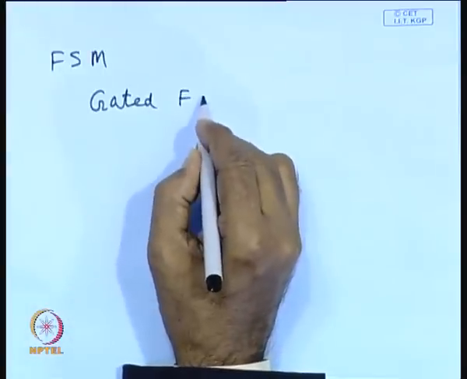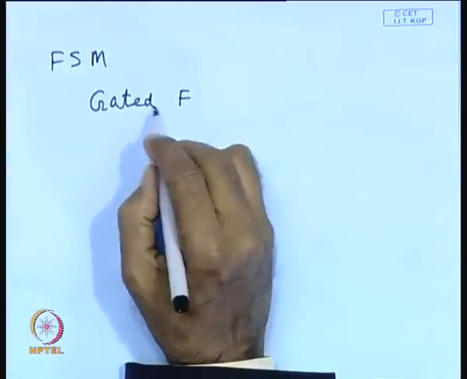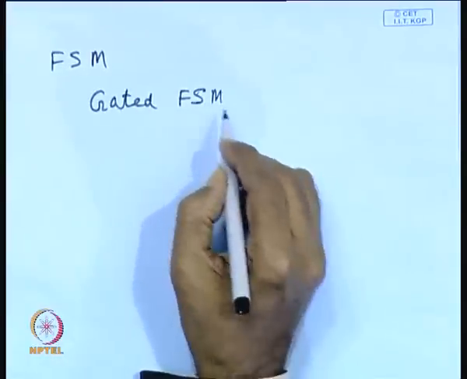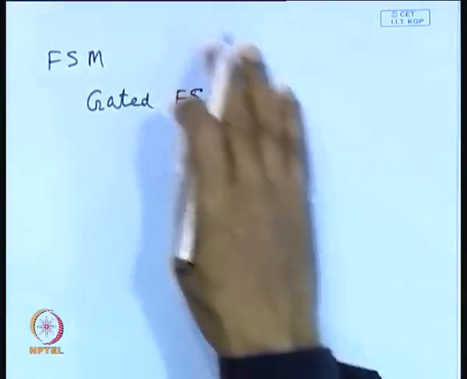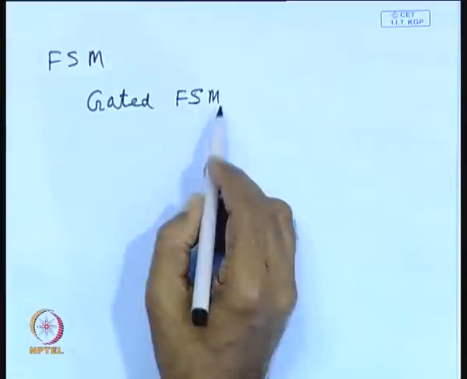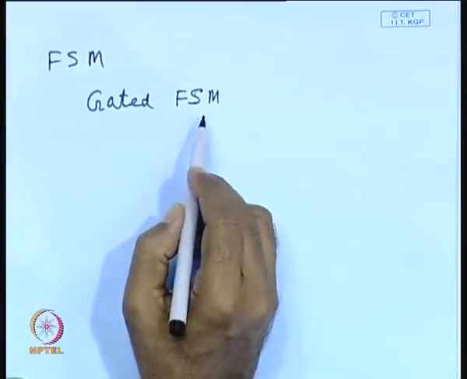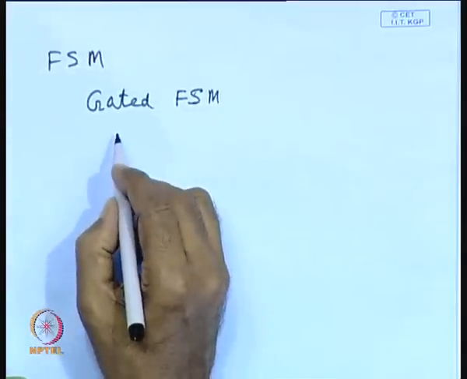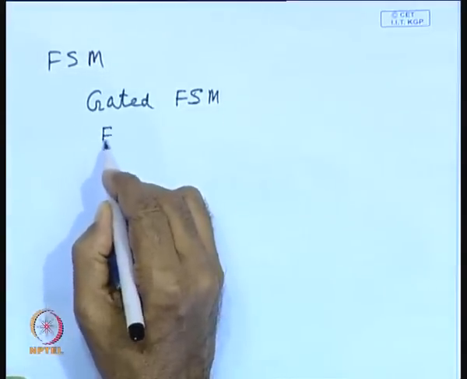You need not apply the clock all the time. You can identify idle conditions, and by finding out idle conditions, you can gate the clock and save switching power dissipation. Second was encoding.